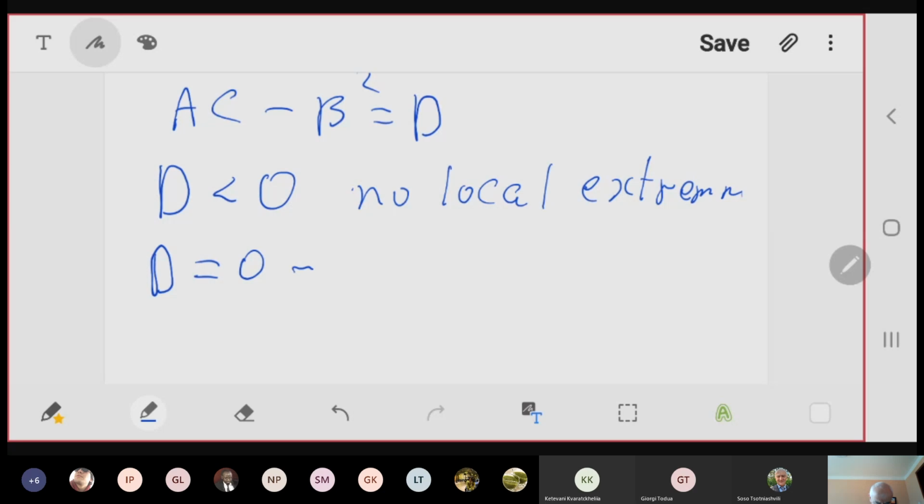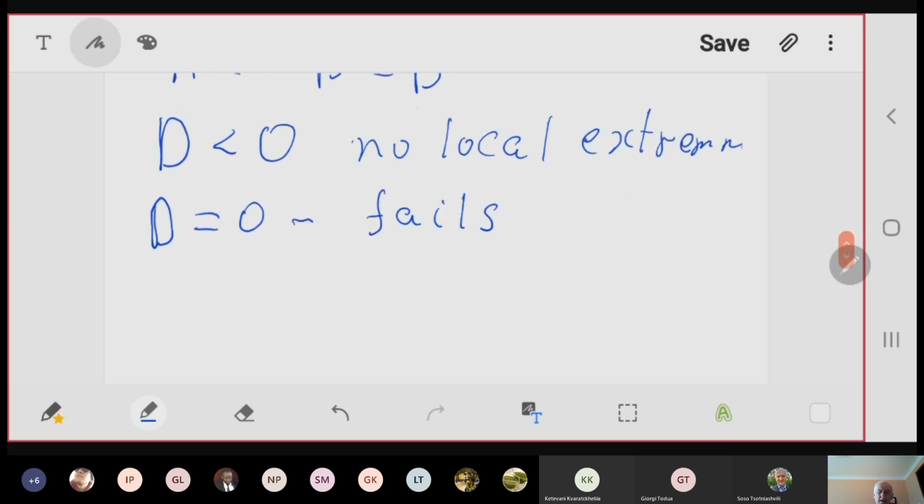Okay. So in this case, the test fails. And finally, when our number D is positive, we have a local extremum.